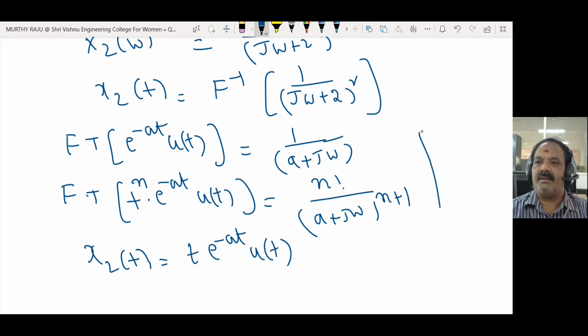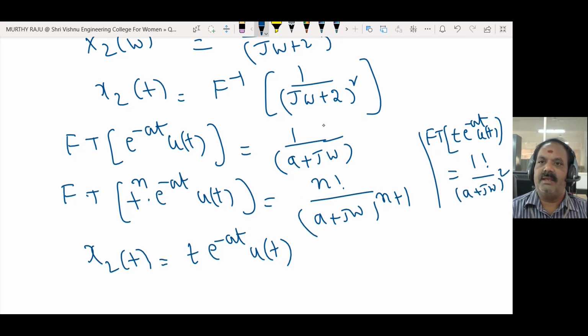Here n is equal to 1 means the Fourier transform of t e power minus at u of t is equal to 1 factorial by (a plus j omega) squared, where a is equal to 2. So X2 of t is t into e power minus 2t u of t.